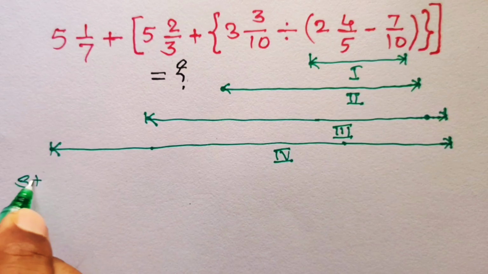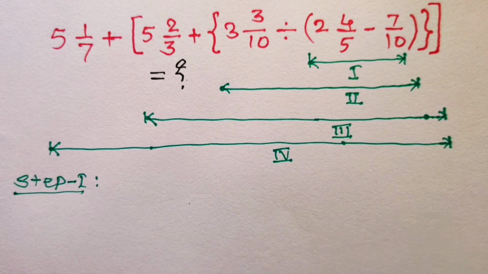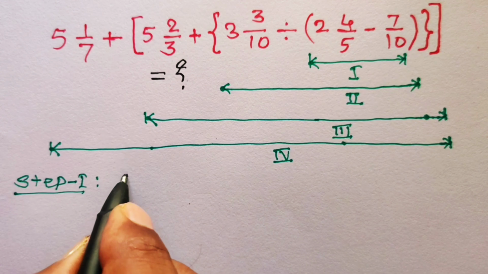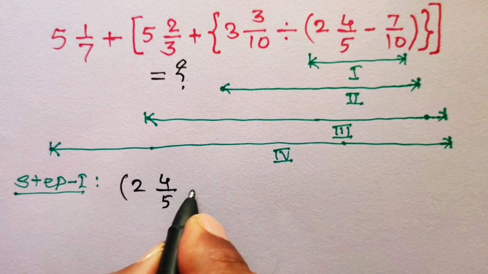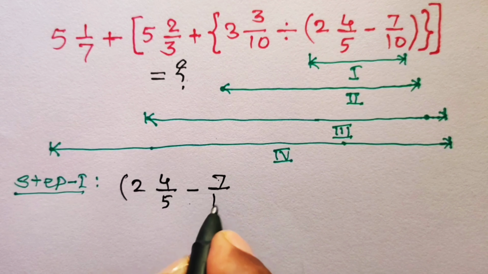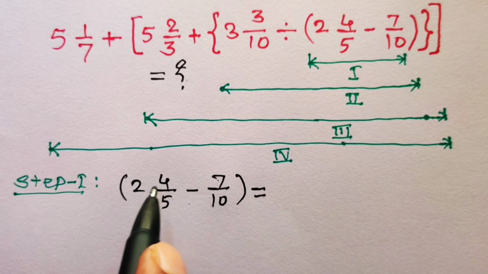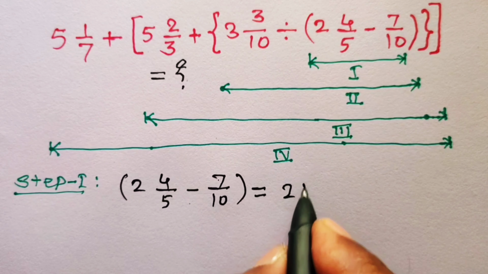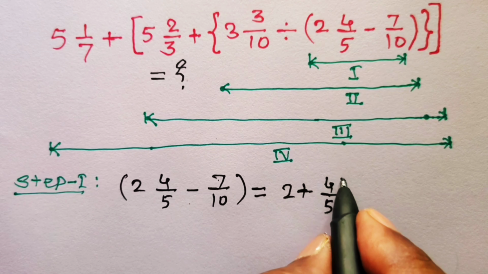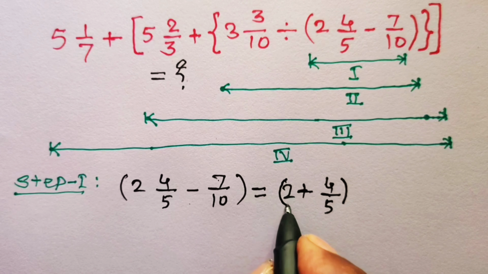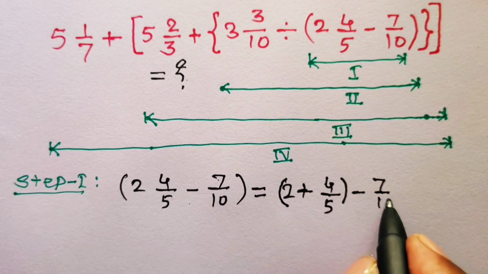Now step number 1. We have to find the value of this bracket, 2 and 4/5 minus 7 over 10. This is equal to, this mixed number we can write as 2 plus 4/5, put in a separate bracket, minus 7 over 10.